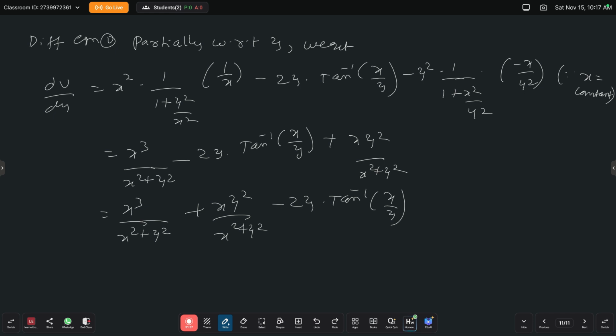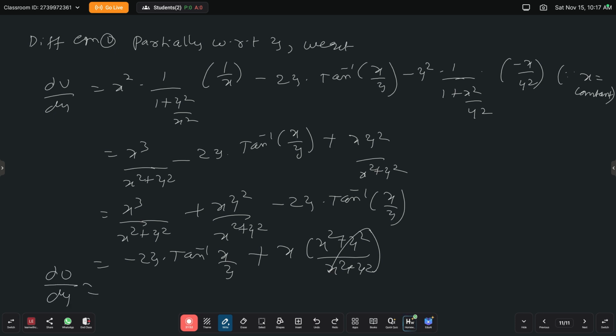Now the result is minus 2y tan inverse of x by y plus x, where x square plus y square by x square plus y square will be cancelled. So now ∂u/∂y equals minus 2y tan inverse of x by y plus x. That is equation 4.